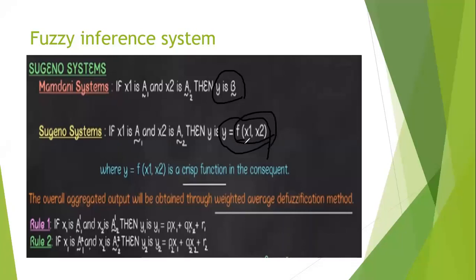After getting your fuzzy output, you need to find the defuzzified value. That is your crisp output. So in order to find your crisp output, you are making use of the weighted average defuzzification method.